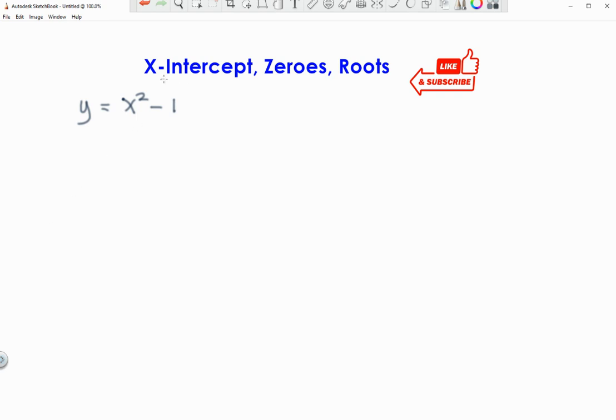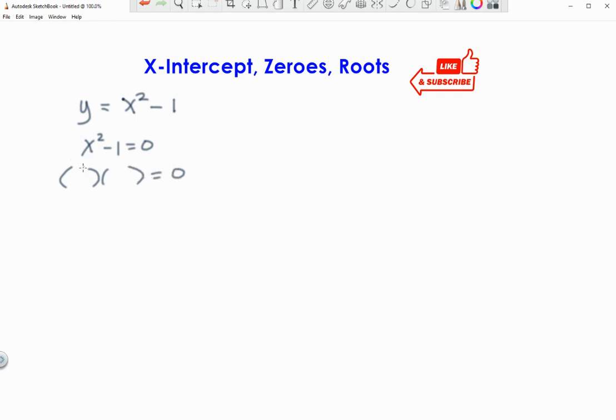Okay, so to find the x-intercept given an equation, look at your highest exponent. Your highest exponent is 2, so that means you're probably expecting two answers there, assuming you have real numbers. And since this expression has a highest exponent or degree of 2, or greater than 1, we will have to set that equal to 0. So you can say x squared minus 1 is equal to 0. Okay, and so now we can factor this side.